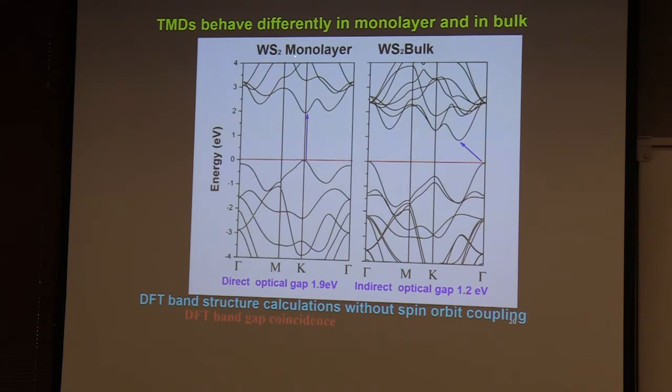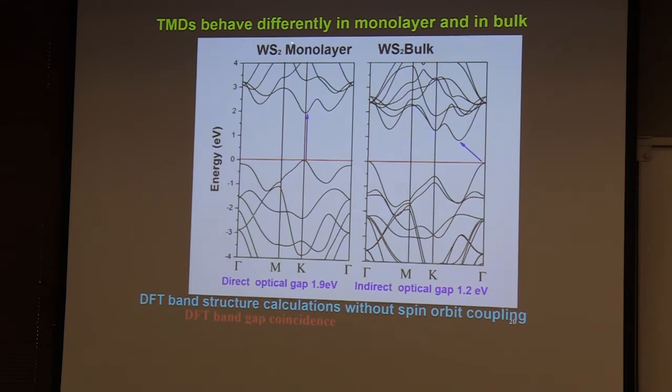This is what makes transition metal dichalcogenides special. We saw that what makes graphene special is the linear dispersion at K in the Brillouin zone.